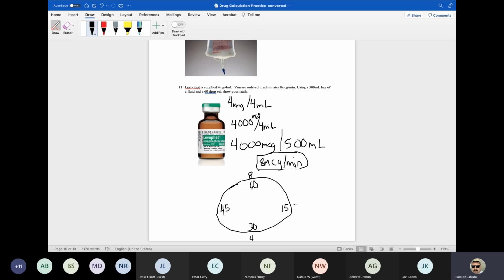Half of 4 is 2. 2 plus 4 is 6. And I want to give 8. So here's 8 micrograms. This is 2 micrograms. And this is 6 micrograms.